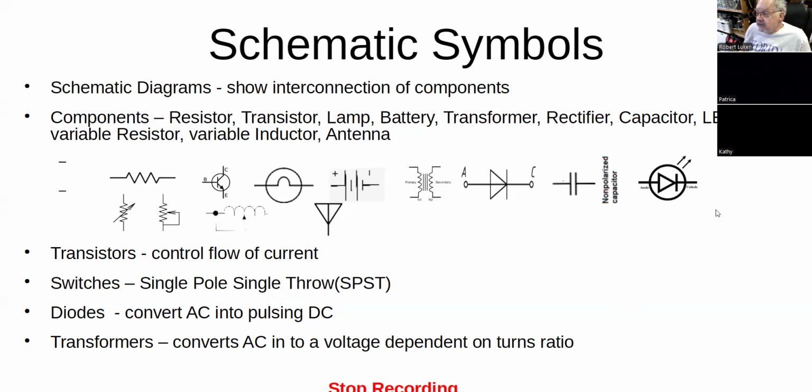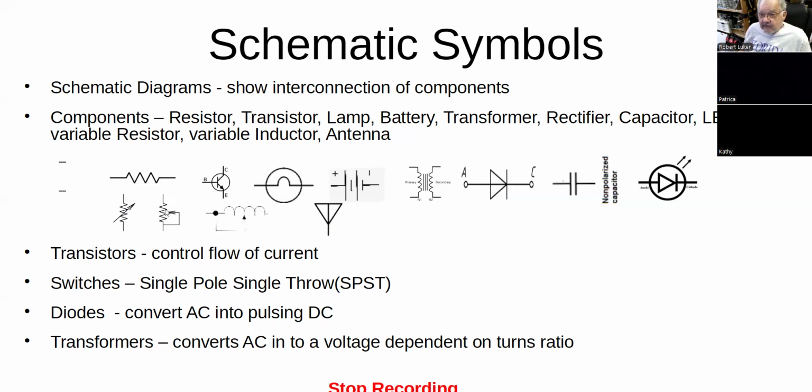Next, we have a special diode, the LED. Okay, still the diode symbol, but you see the little light rays coming out to indicate that it emits light. We go down to the next line and we have our variable resistor, which is just shown with the arrow through it, showing that it's adjustable.